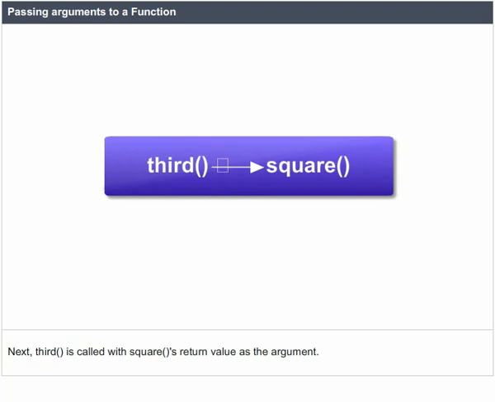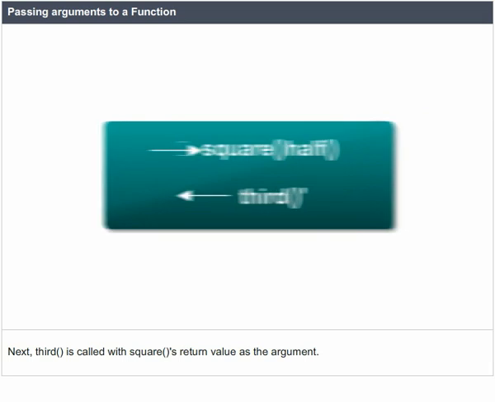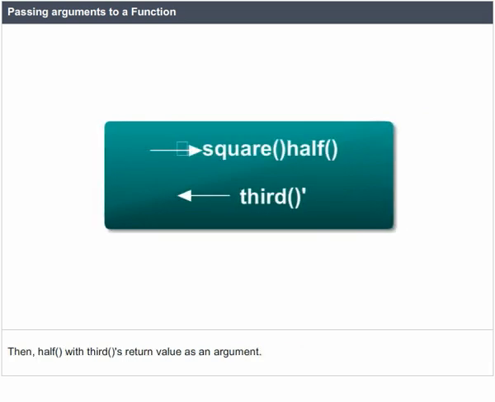Next, third() is called with square()'s return value as the argument. Then half() is called with third()'s return value as an argument. Finally, half()'s return value is assigned to the variable x.